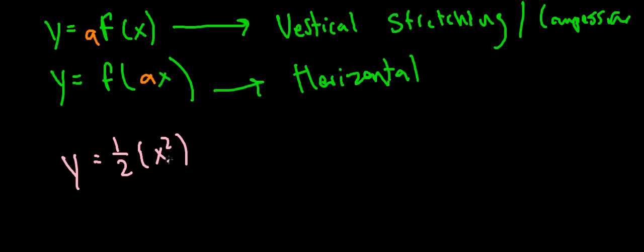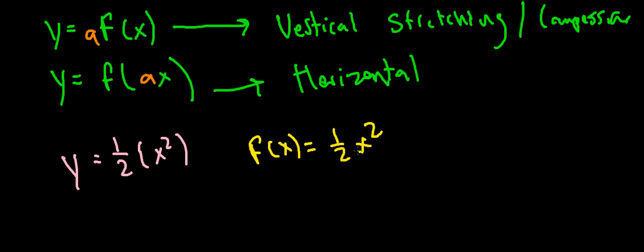And it's key here to notice that the 1/2 is outside the parentheses. This is an example where it might be a little bit clearer if I do it in function notation. So we'll say that f of x is equal to 1/2 x squared.